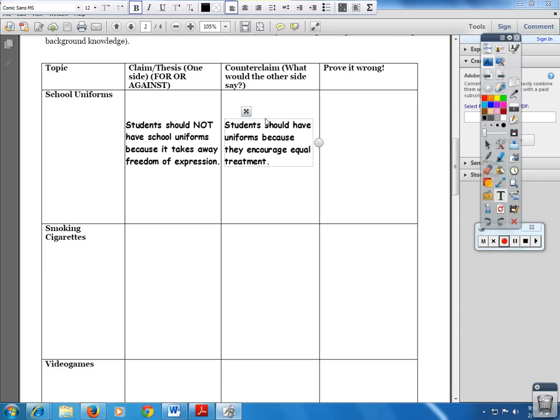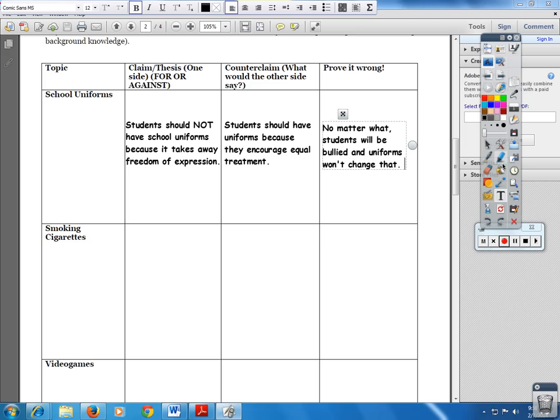So if I'm arguing with someone who thinks that you should have a school uniform because that means everyone is going to be treated equal, how can I prove that wrong? That's what you'll do in your counterclaim. Okay, so I would say no matter what, students will be bullied and uniforms won't change that.